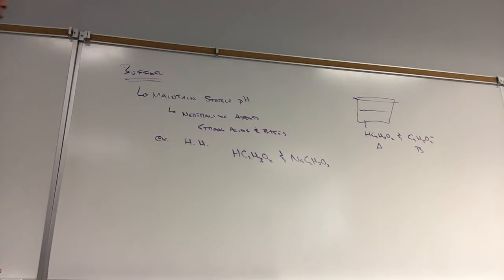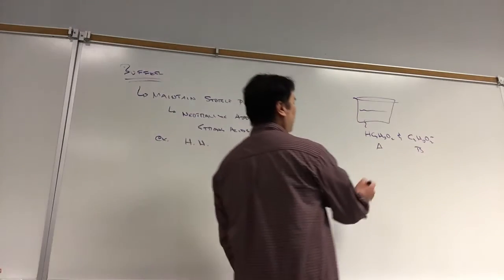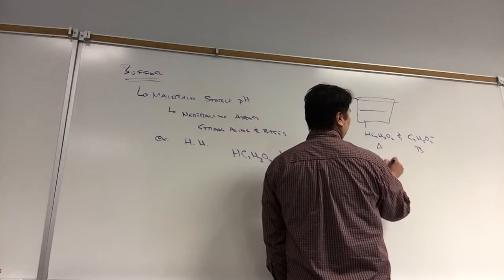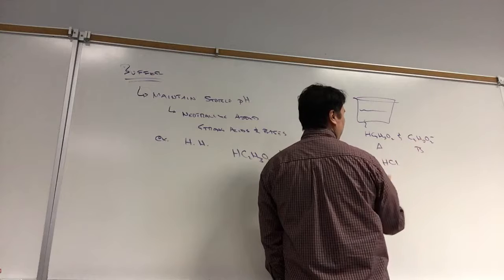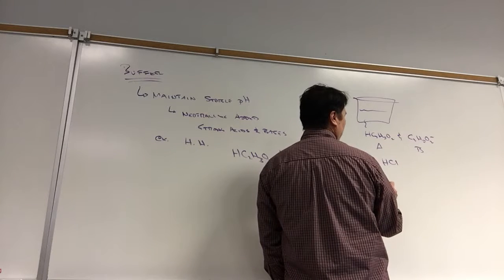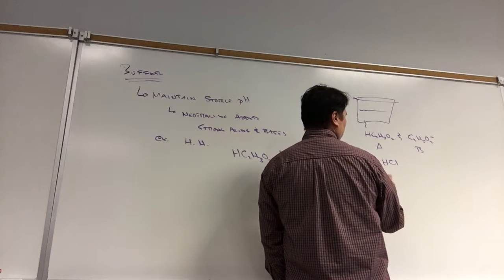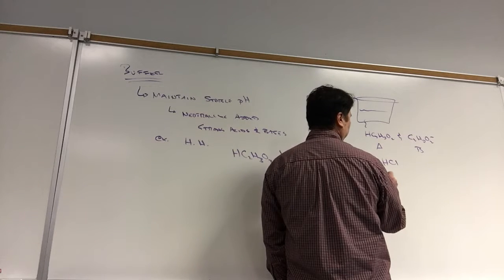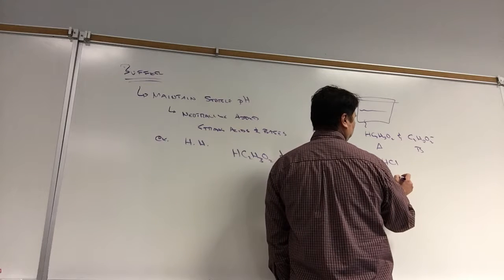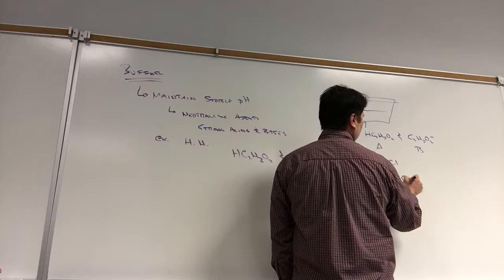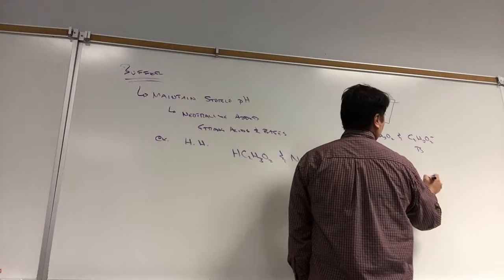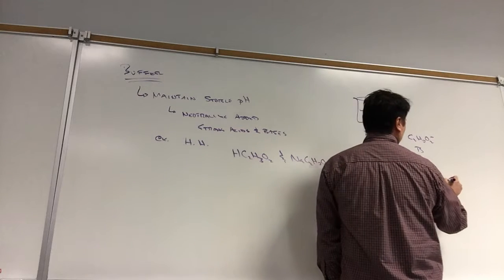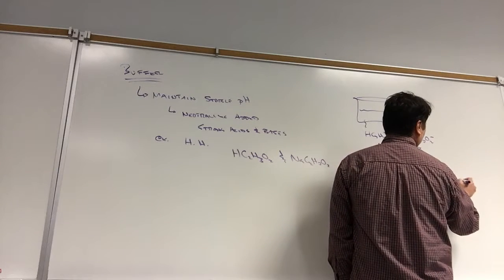And if we add acid, like add HCl, then the acetate will neutralize that. Whatever H plus or hydronium we generate, so HCl will be neutralized by the acetate to form acetic acid.